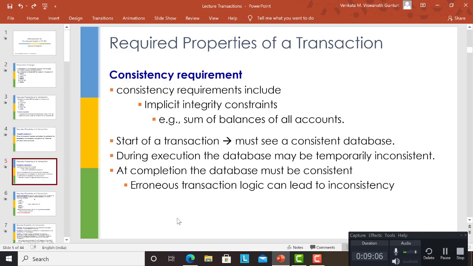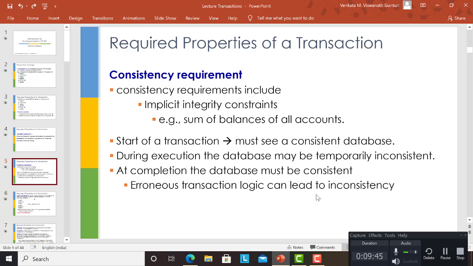Okay. Next is the consistency requirement. The consistency requirement is not so much concerned with the physical model of a database, but it's more at the level of the application program developer, right? The consistency requirement of a transaction states that if you see a consistent state of the database at the start of the transaction, then after your transaction is completed, you should leave the database in another consistent state, right?